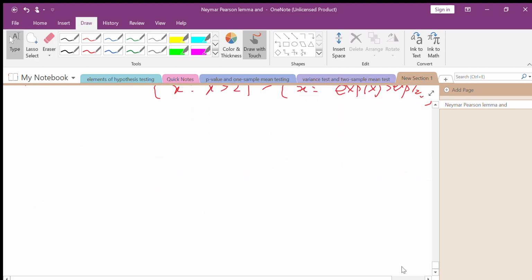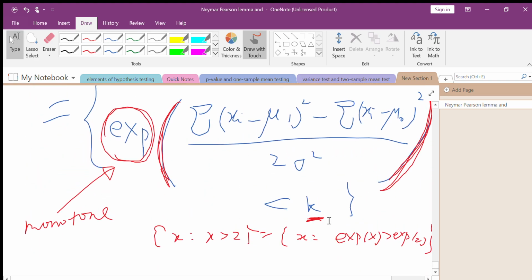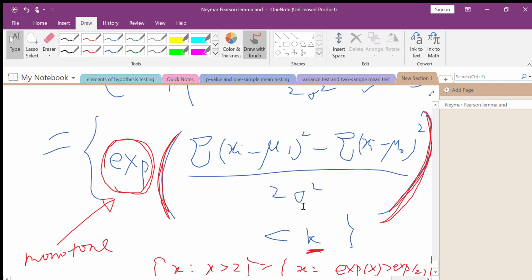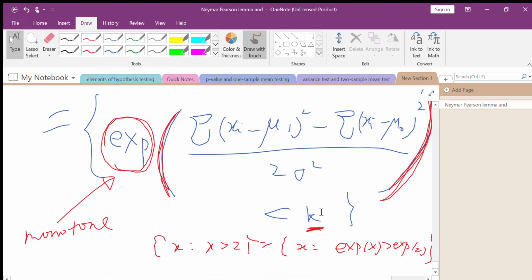And since k, as I mentioned, is just a notation to record some arbitrary constant, it changes, we don't mind, we always write k. So this means we can delete this part, because in the sense of set equality, they are equal.